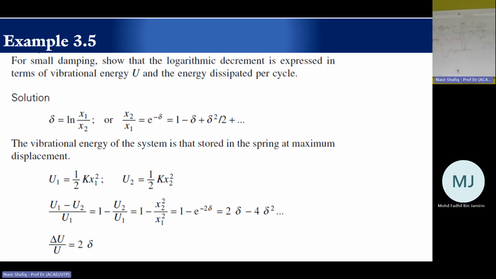So U1 minus U2, this minus this, you will divide and simplify, so that you can write 1 minus U2 upon U1, and in this form that will be 2 delta minus 4 delta square. So delta U upon U is roughly equal to 2 delta. So this is the derivation of energy.